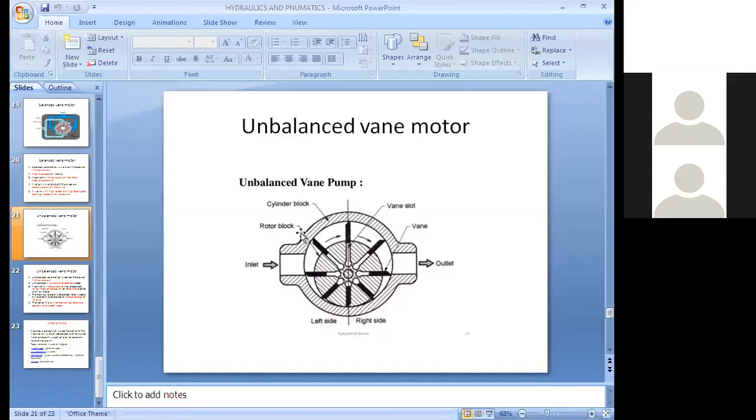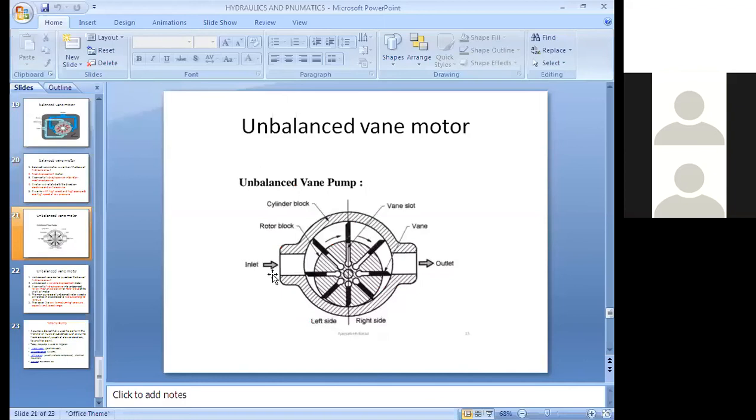So rotor block is there, cylinder block is there, vane slot is there, vanes are there, and outlet and inlet are there. Before discussing further, let us see why we call it unbalanced. Here the rotor is fixed on one side of the cylinder block, not exactly at the center.